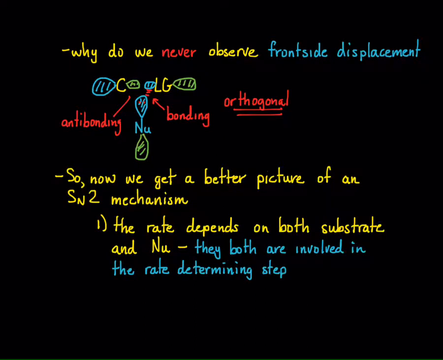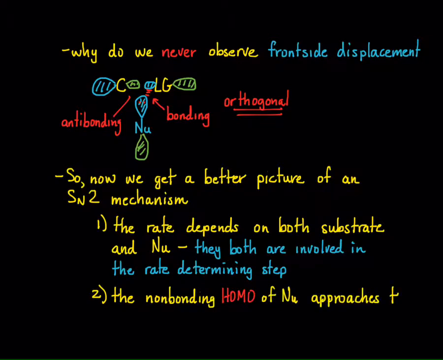That's important to understand. They're both involved in the rate determining step, and therefore the transition state has to involve both of them. We're going to explore that in just a little bit. But secondly, we now understand the MO behind it, that the non-bonding HOMO of the nucleophile has to approach the sigma star LUMO of that carbon halide bond, or whatever leaving group we have.